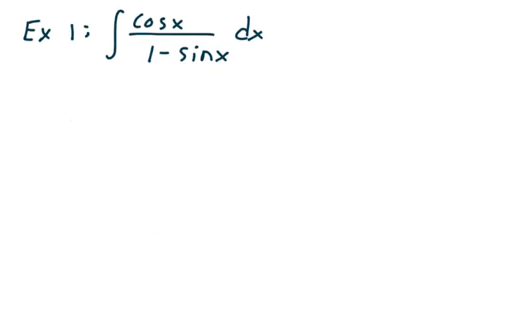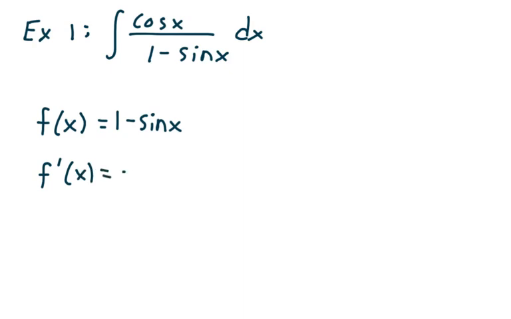Okay, let's take a look at another example. Suppose I ask you to integrate cosine of x divided by 1 minus sine of x. I want you to observe something. If I let f of x be 1 minus sine of x, the derivative of f is negative cosine of x.